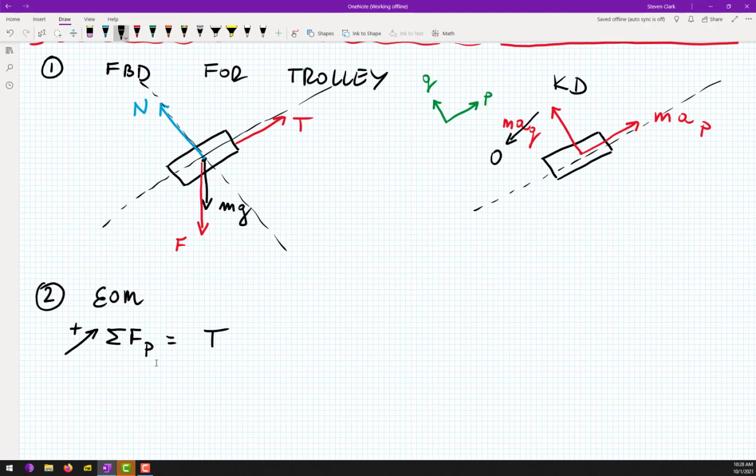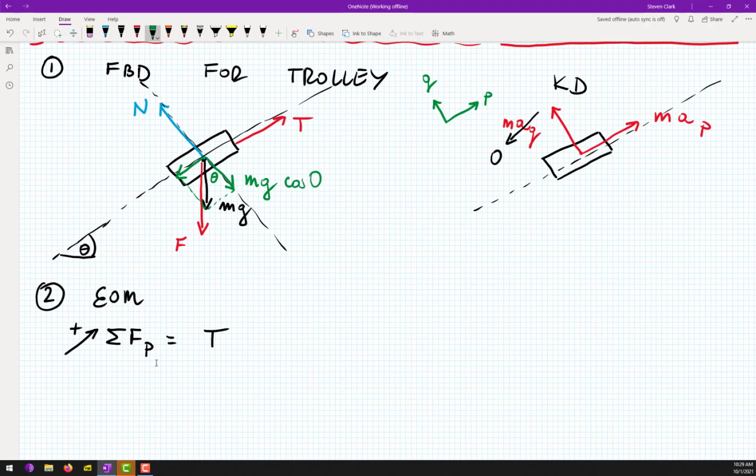So I need to project mg and F on this direction, and theta is here. We need this component of mg and this component of mg. If theta is here, I bet that theta is here. So this one will be mg cosine or sine of theta.